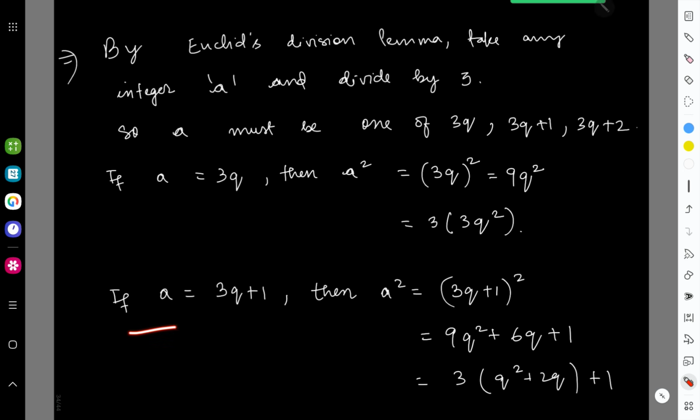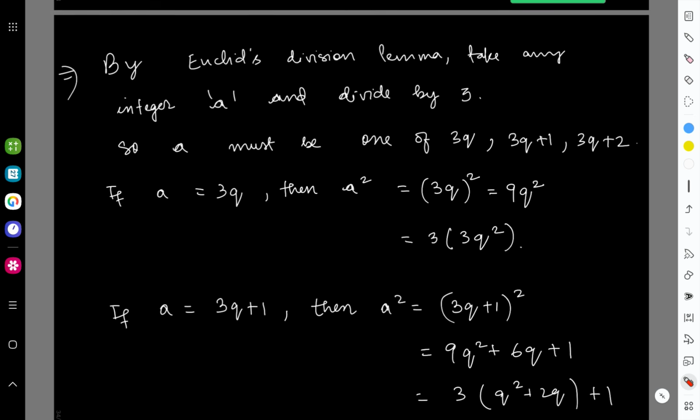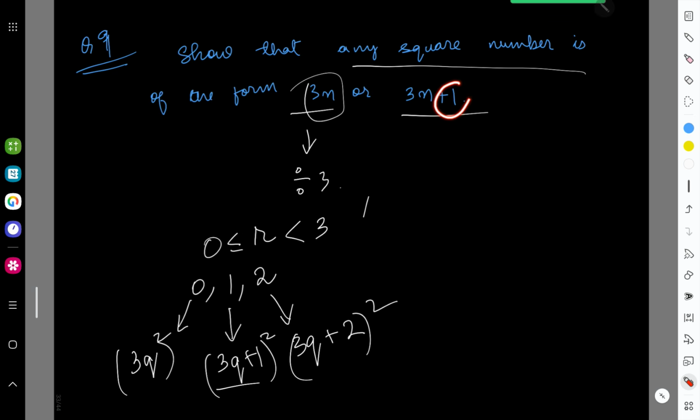Let us move on to case number 2. If a is equal to 3q plus 1, this is when the remainder is 1. So a square is equal to 3q plus 1 whole square, expanding the identity, 9q square plus 6q plus 1. We can leave plus 1 as it is, because in the question it says plus 1.